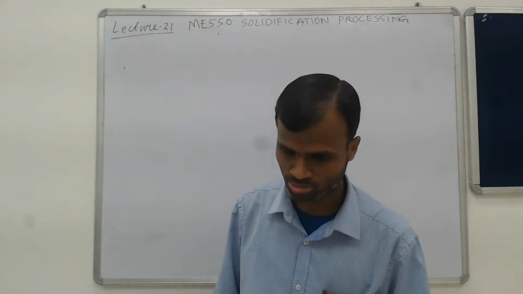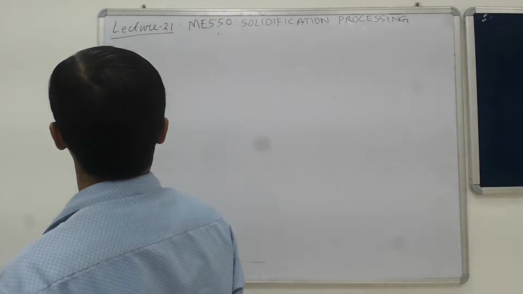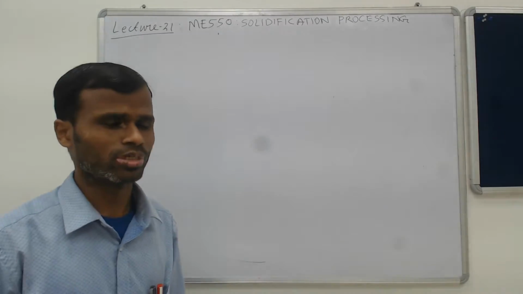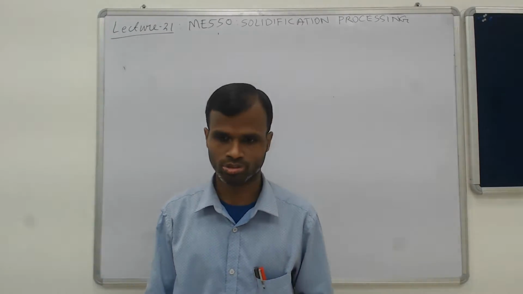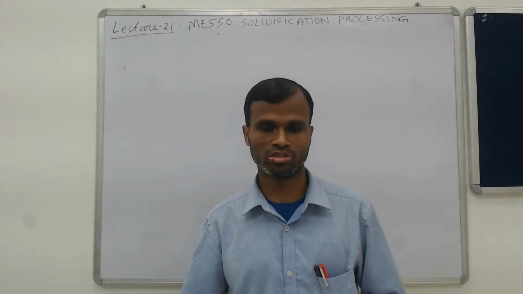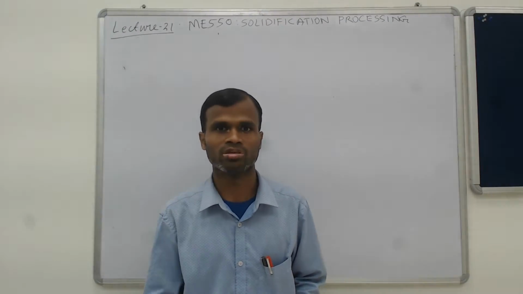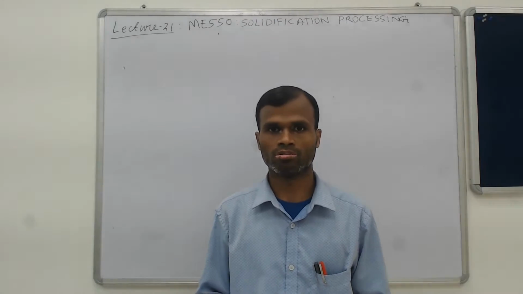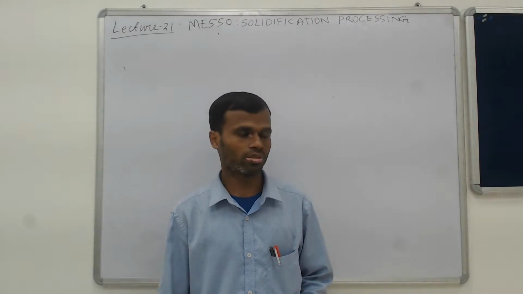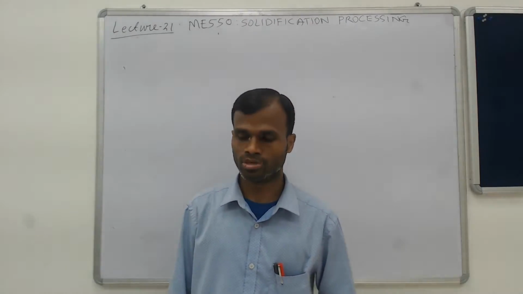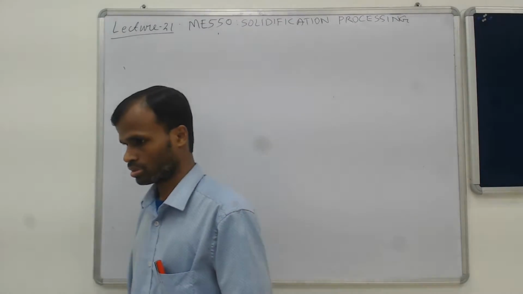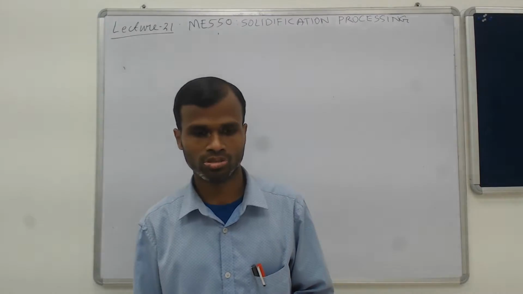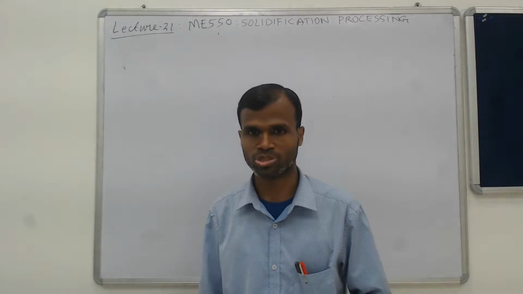So till now what we have discussed, this is lecture number 21 of solidification processing. We have been discussing nucleation, homogeneous nucleation. We have derived different relationships. After that we also discussed heterogeneous nucleation and derived the different relationships, like what is the critical size, what is the critical free energy required for the formation of phase.